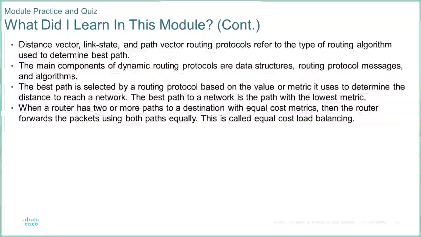Then we had a very brief introduction to distance vector and link state protocols and the differences, and the basic structure of how these protocols use different database tables to build a picture of the topology, and they then run their algorithms over that knowledge of the world to select the best paths to the destination, and then they put those best paths up to the device for consideration to be added to the routing table of the device.